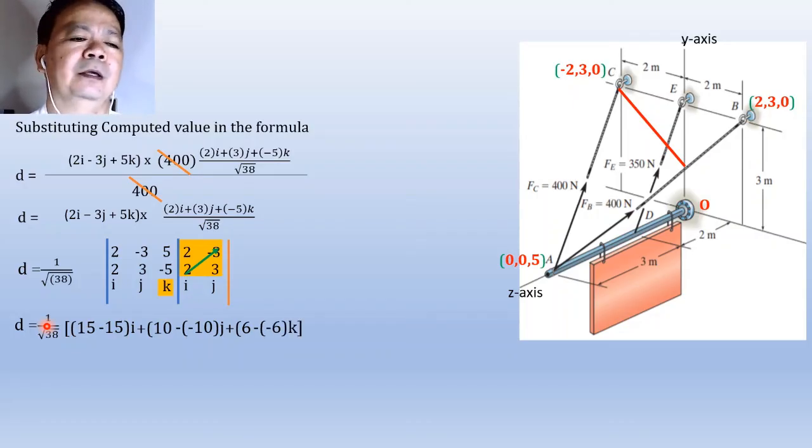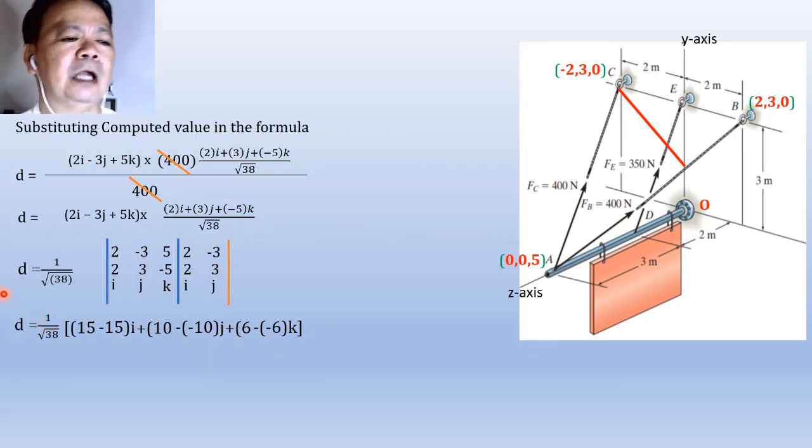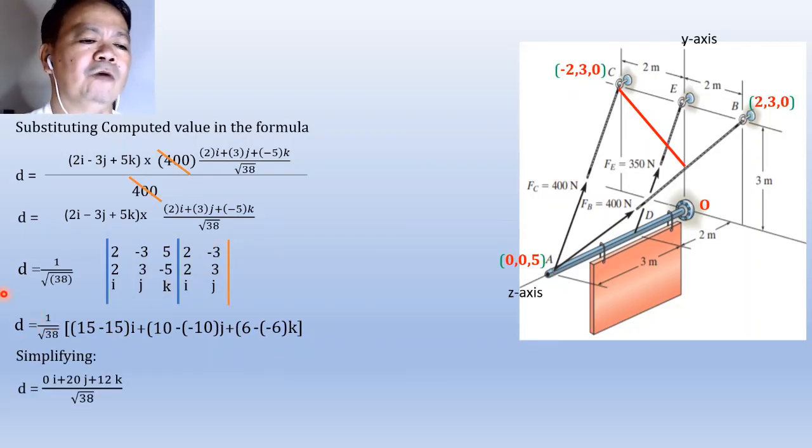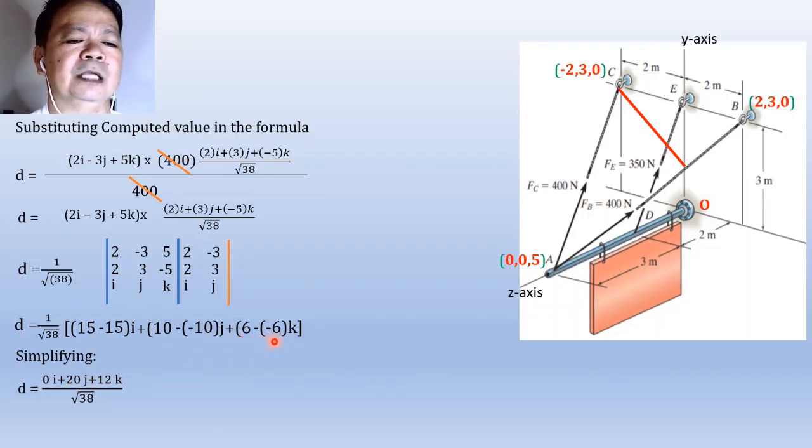Now when this is simplified, I will have 1 over the square root of 38 times 15 minus 15, which is 0; 10 minus negative 10, which is 20; while 6 minus negative 6 is 12. And you will notice that this part is still in the form of a vector. So how are we going to get the magnitude of the resulting vector?